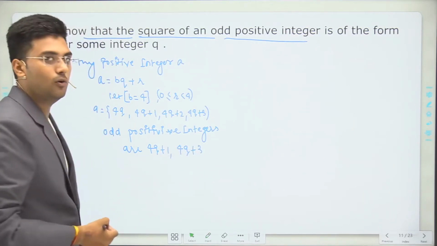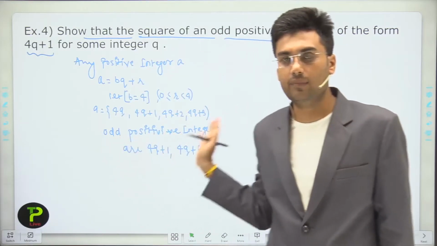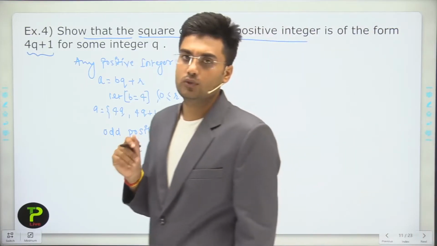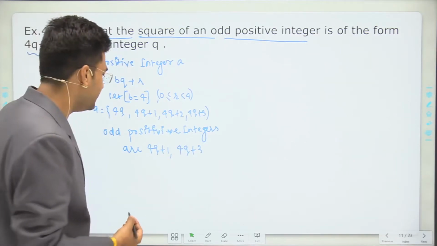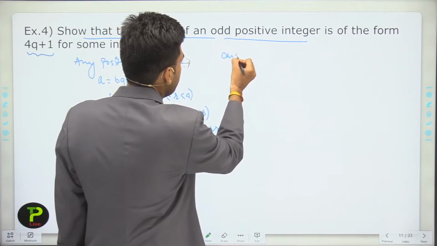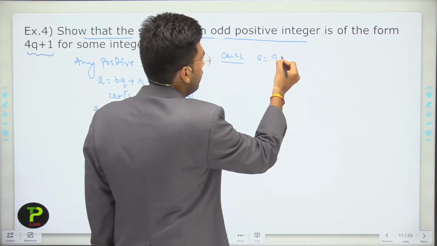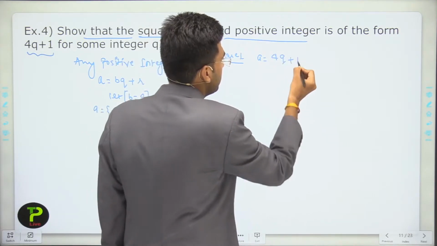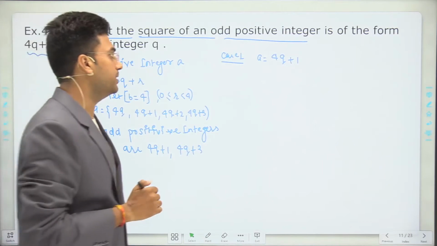These two are odd positive integers. We already discussed this in our previous example. So for case 1, a is equal to 4q plus 1. First case is a is equal to 4q plus 1.